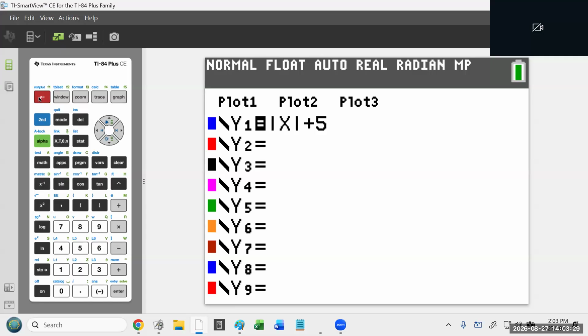Reset your calculator. You press the second key, then you press the plus sign, then you press 7, 1, 2. Now the second key is right here. It's in the top left corner of the calculator. See, it's second. Then you hit plus.